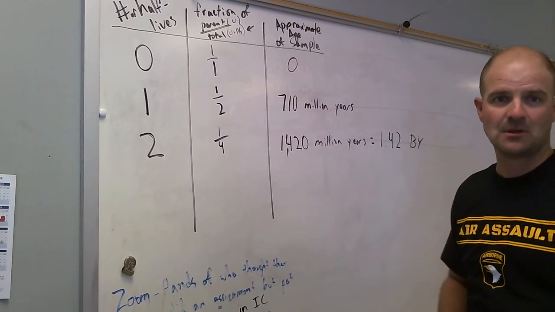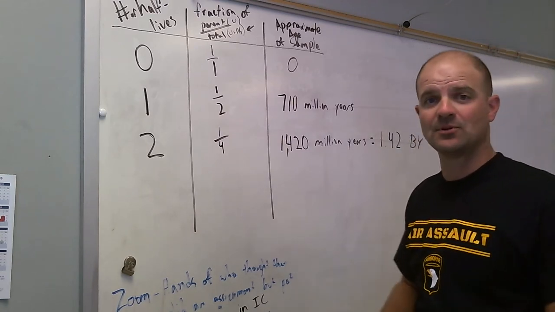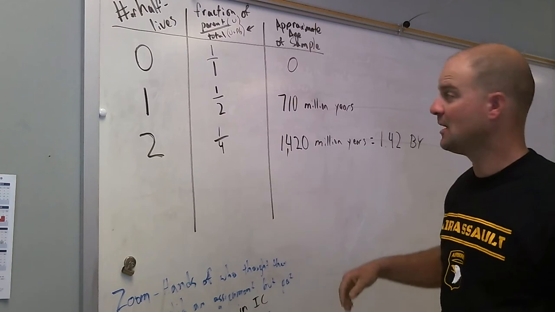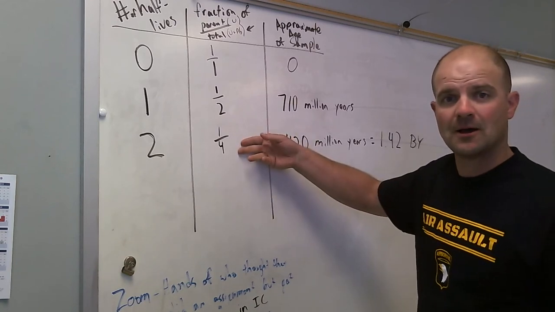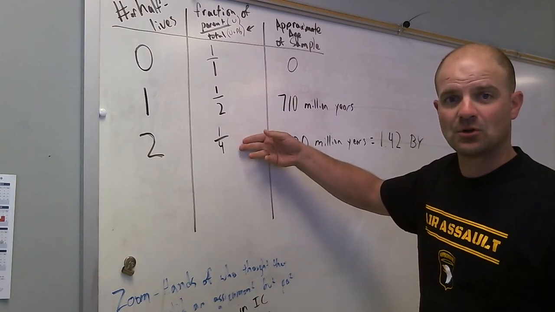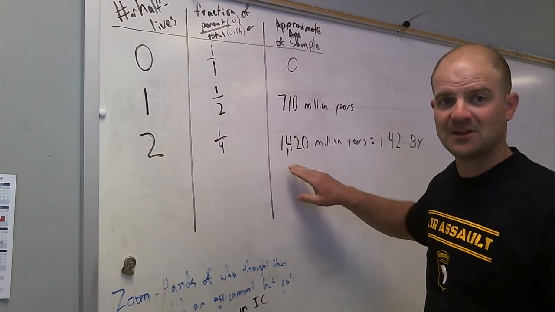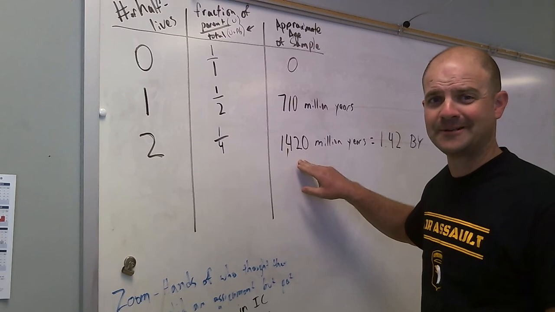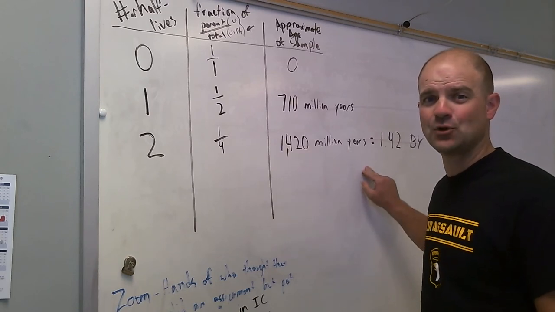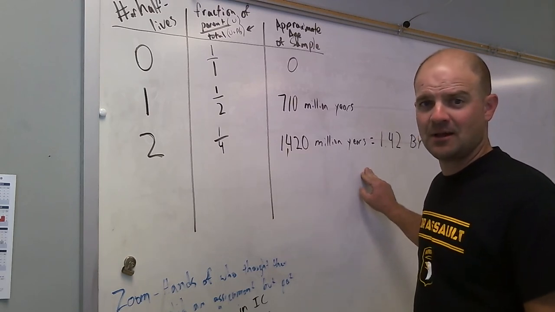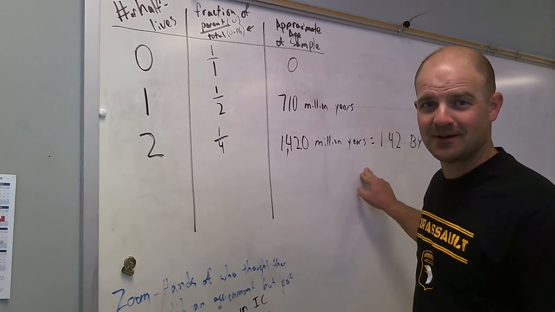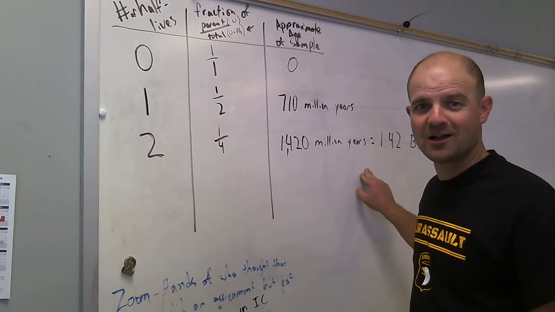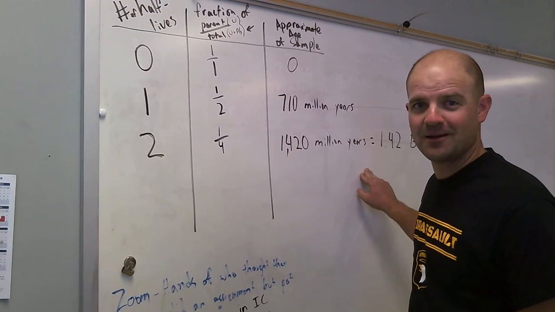So again, if you pulverize a sample, run it through your counter, and you get 1/4 for your parent to total isotopes, that means the zircon crystal was 1,420 million years old, or 1.42 billion years old. Cool thing is we found zircon crystal bearing rock much older than that.